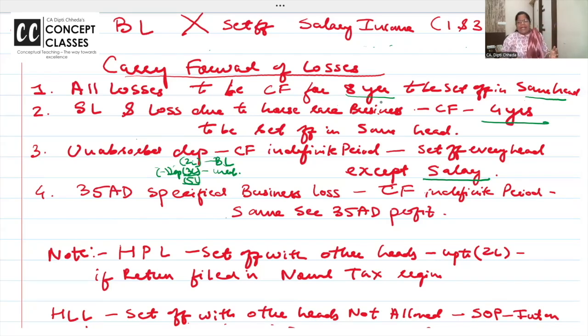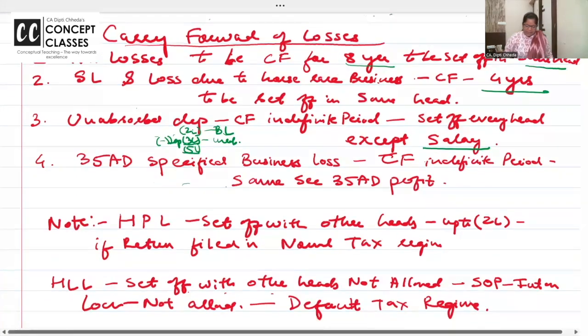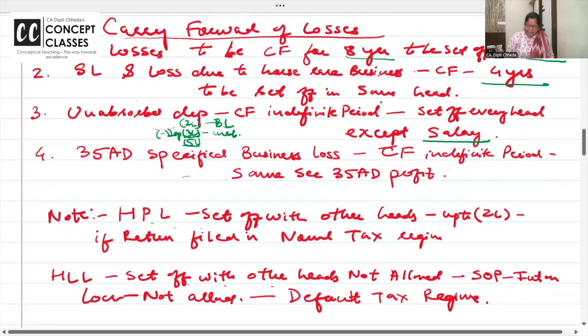But 35 AD, revenue and capital expenditure all are allowed. Yeah, other than cost of land. If you remember, the questions also we have done in business ed. So then 35 AD, if there is a loss, it can be carried forward for indefinite period to be set off. Okay, right.